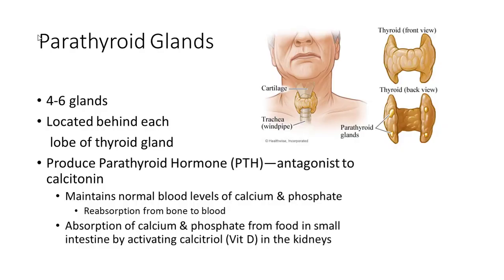A couple more slides. All right, parathyroid glands. There's 4 to 6 glands on the back of the thyroid, and they secrete the parathyroid hormone, which is the antagonist to calcitonin. If you remember, calcitonin helps with calcium absorption.